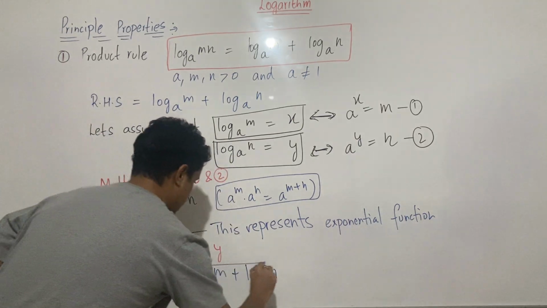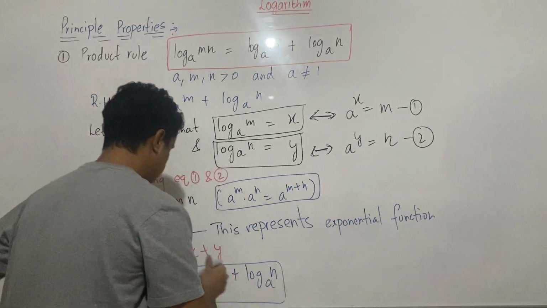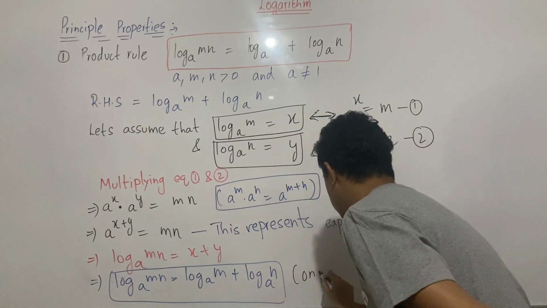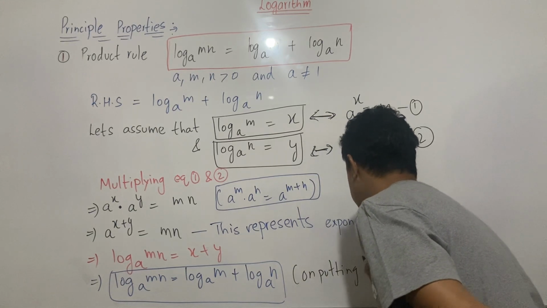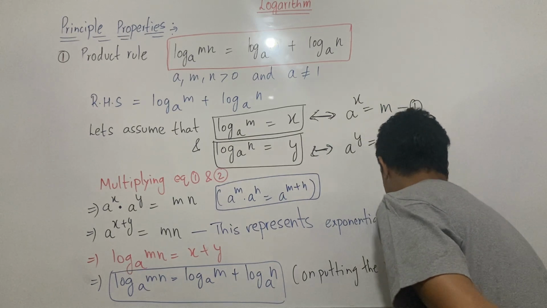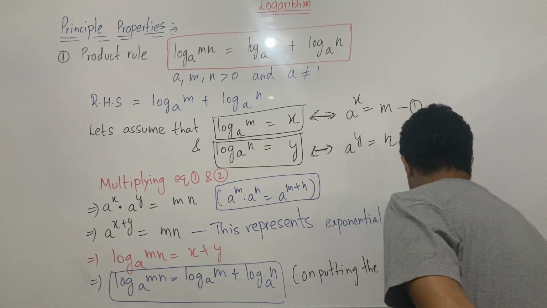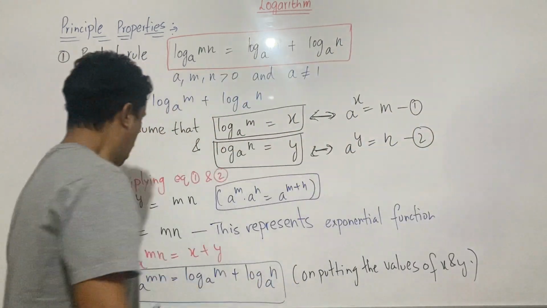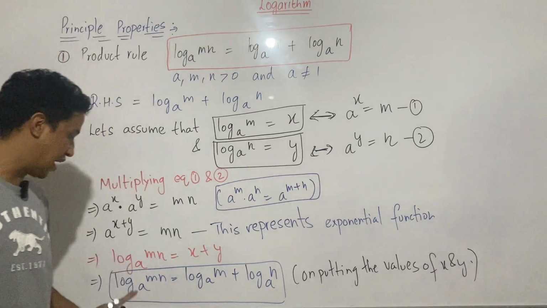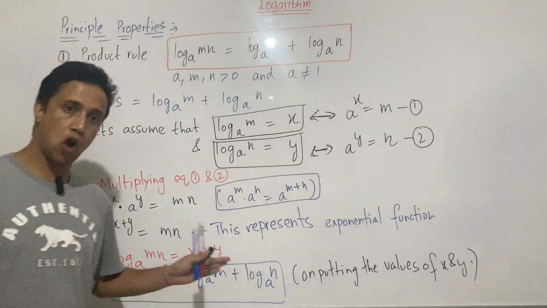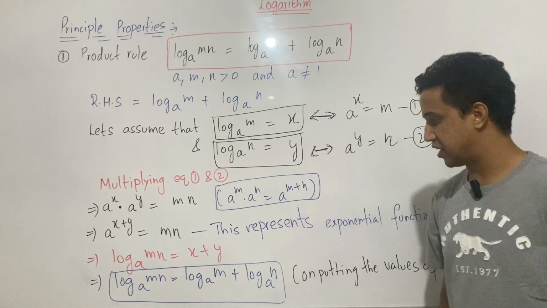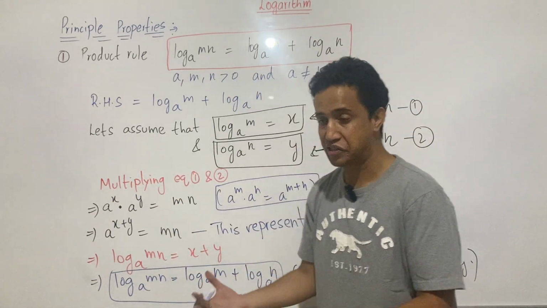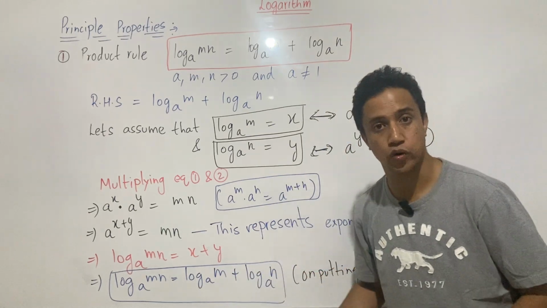Here I'm putting the values of x and y. So we got to the conclusion that log mn to the base a equals log m to the base a plus log n to the base a, meaning that the log of the product of two or more numbers is equal to the sum of the individual logs.